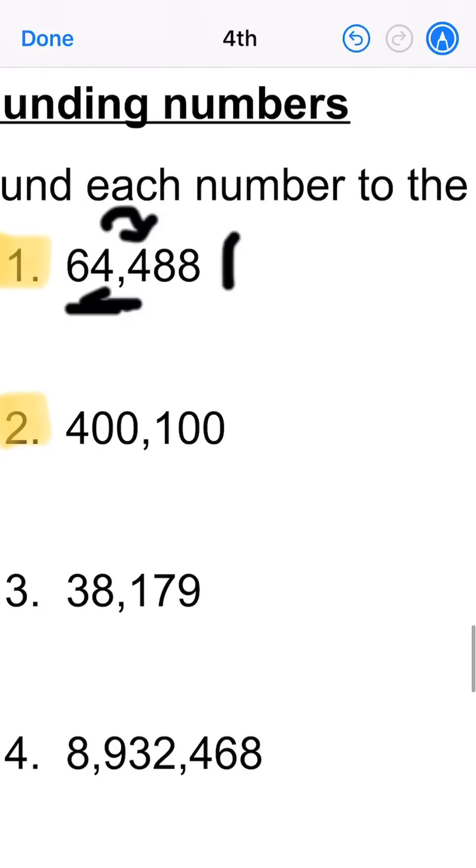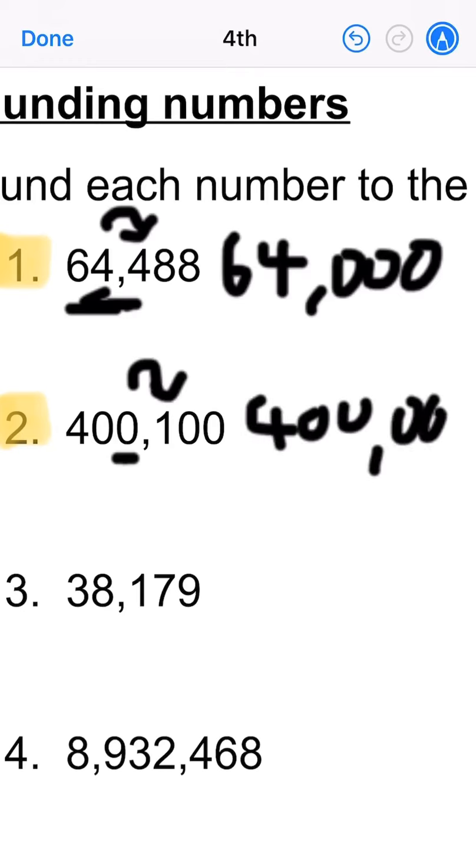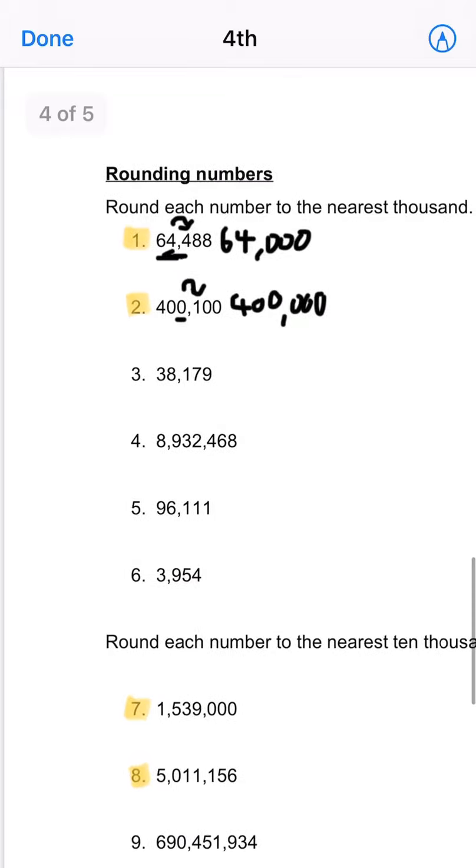So the answer would be 64,000. Okay, the next problem is the same thing. Look at this 0 and the next number. Again, 1 is less than 5, so you round down. So those are your 2 answers.